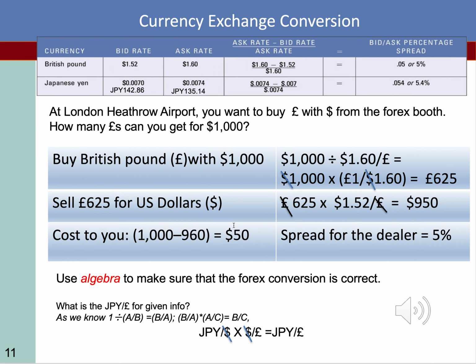Okay, but here is a problem. Let's look at the Japanese yen. With the British pound, we understand as a consumer, you buy high at 1.6, you sell at 1.5. Japanese yen, you buy at 0.0074, less than 1 penny. Actually, 0.74 penny, right?